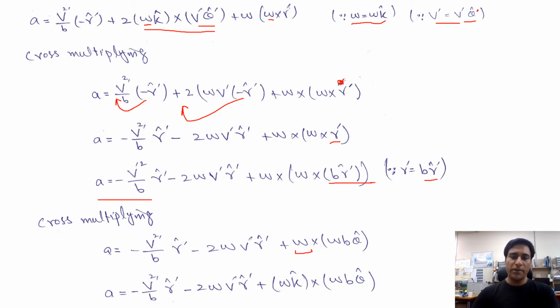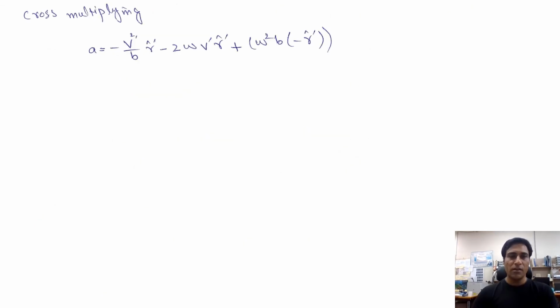So simply we will replace this omega. The next relation is A is equal to minus v dash square over b r dash unit vector minus 2 omega v dash r dash unit vector plus omega k unit vector cross omega b theta unit vector. So again we will do cross multiplication.